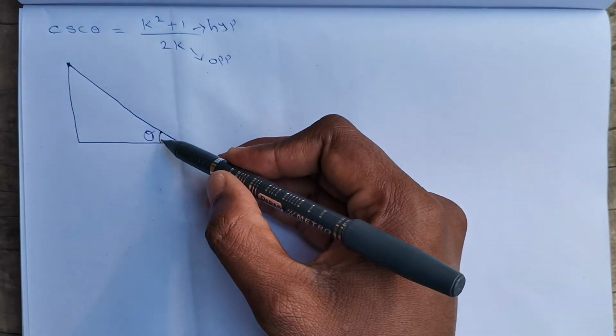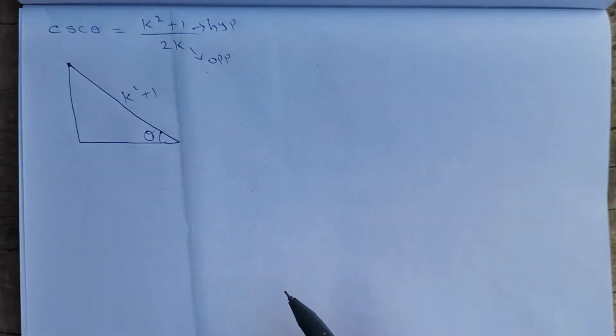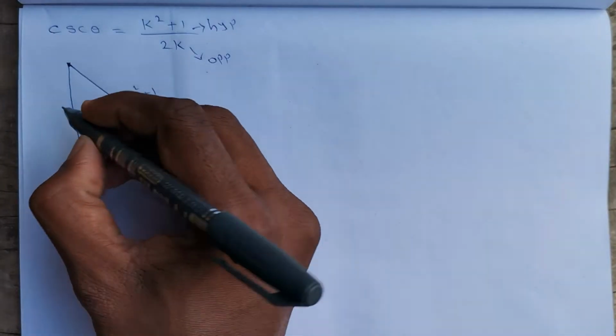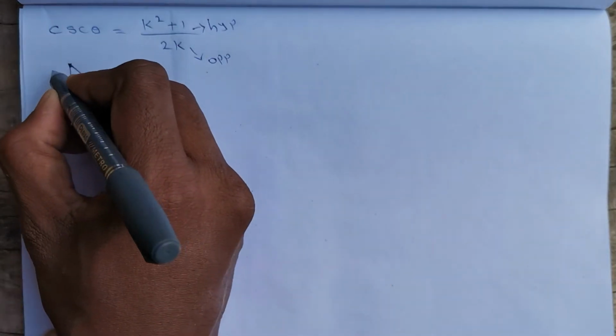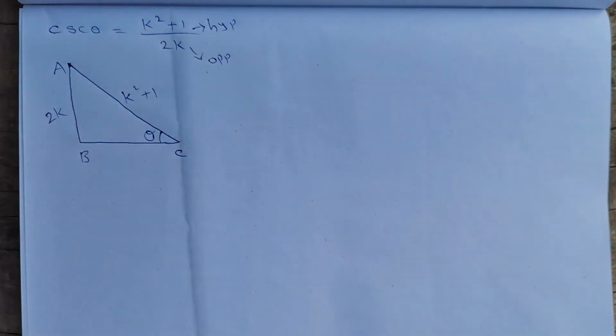So for this theta, the hypotenuse is k square plus 1, and the opposite is 2k. Now for this triangle, we have two sides and we need to find the third side. For easy understanding, I am representing this triangle with ABC. Now we need to find the third side by using the Pythagoras theorem.